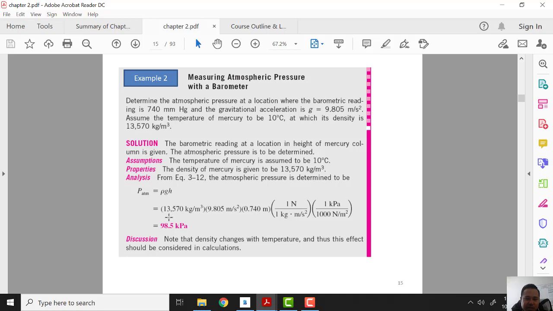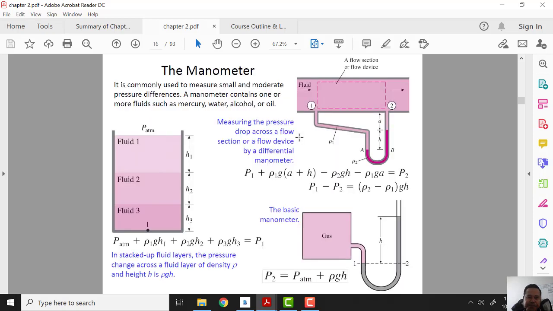So the pressure we got is 13,570 kilogram per meter cubic times 9.805 meter over second square times 0.74 meter, and then we got 98.5 kilopascal. This is how you measure pressure with a barometer.